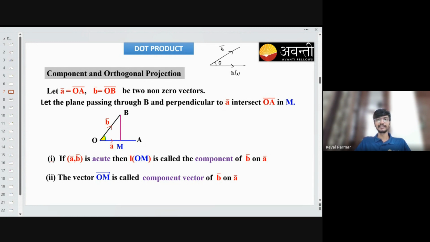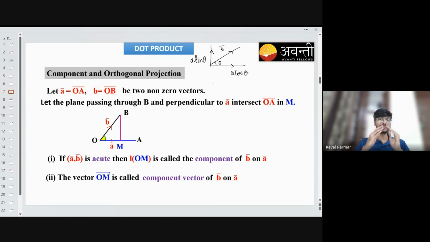This is a cos theta, and you can call it the horizontal component, and this is the vertical component. What is the vertical component? A sin theta.